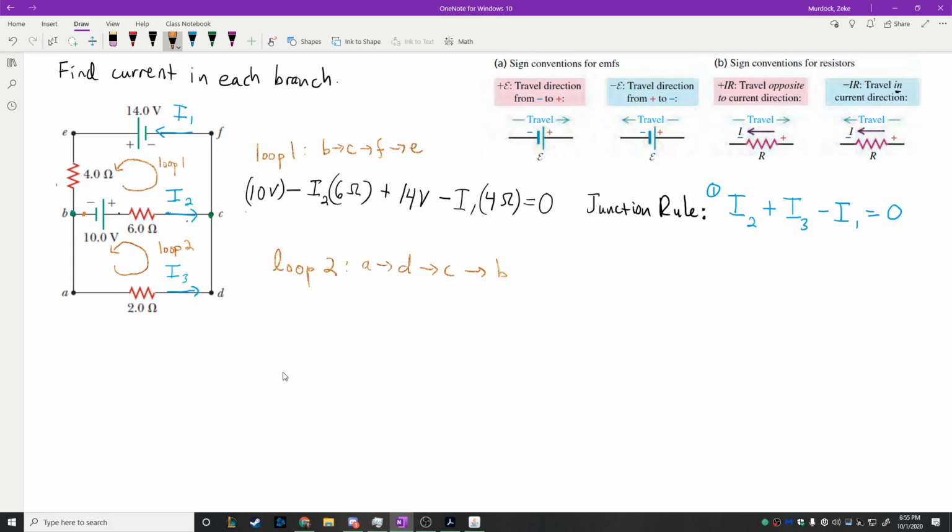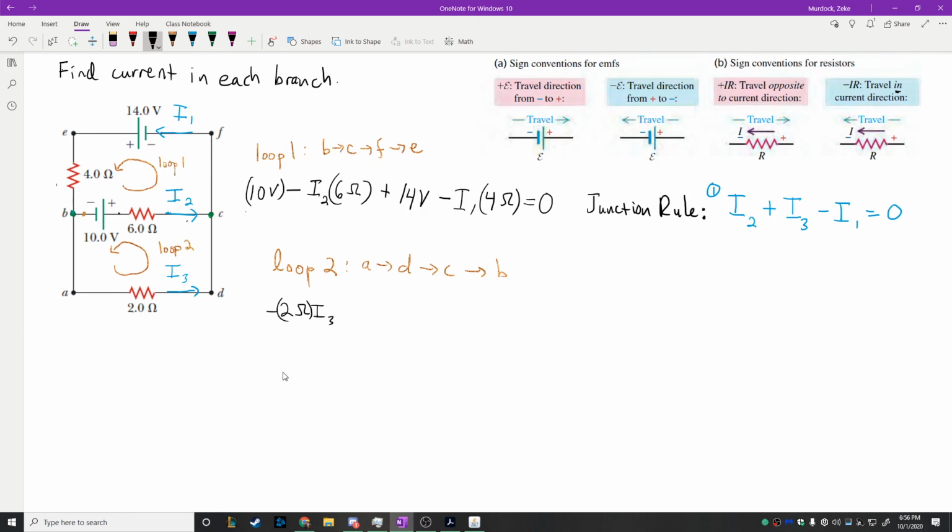Okay, Tyler first. Tyler said negative 2I3. That's correct. If we're going in the same direction as the current down here, you do negative 2 ohms multiplied by the current flowing in that section, I3. We're coming up into this segment right here.